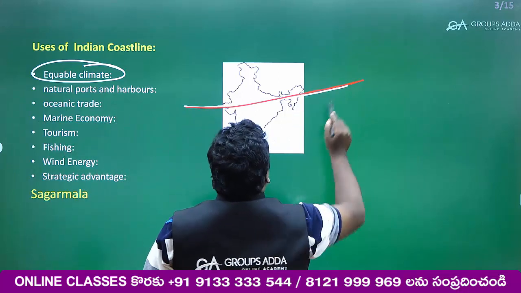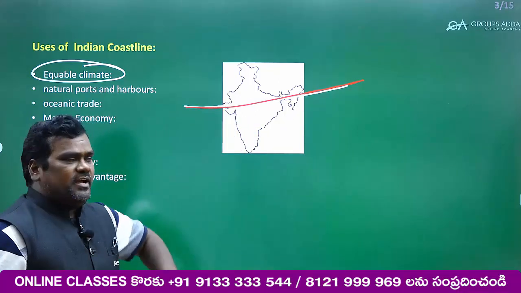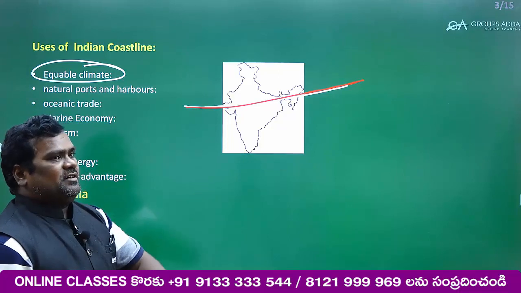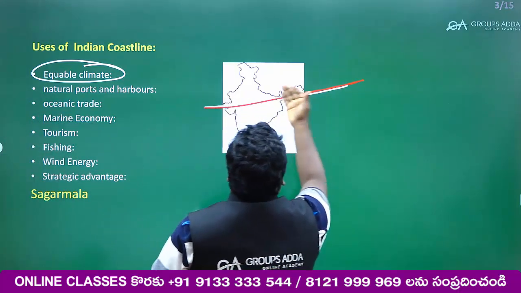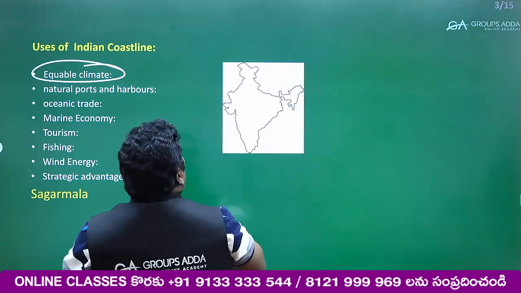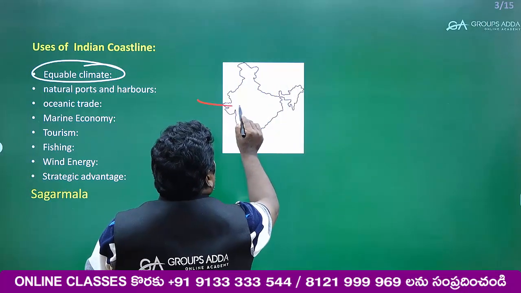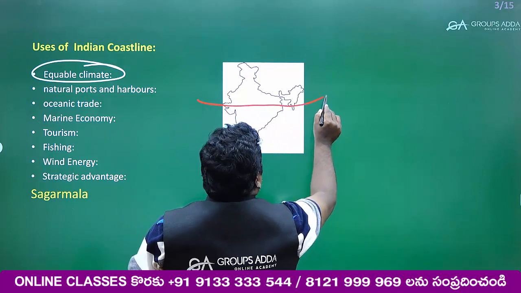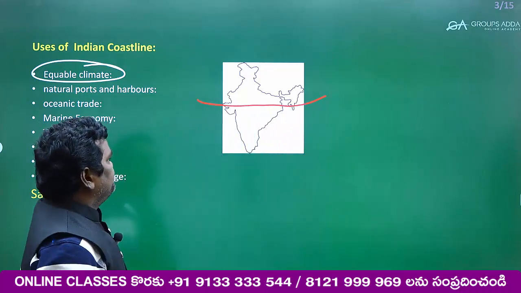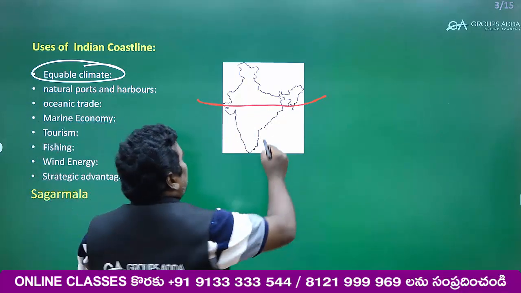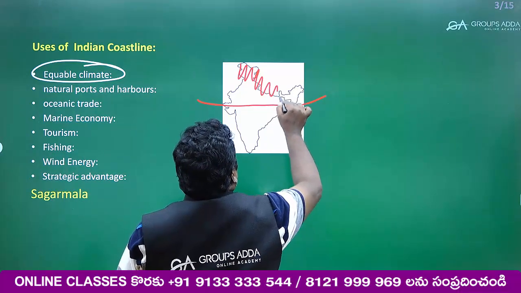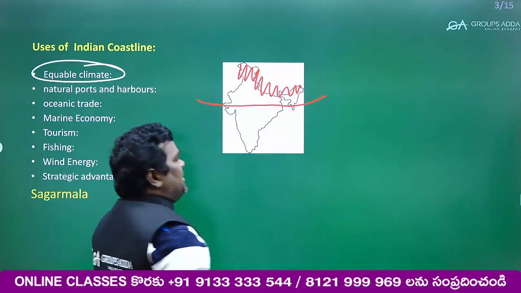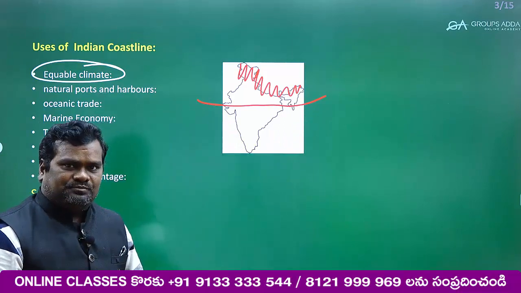See, this is the line. I am drawing the Tropic of Cancer. Of course, the Tropic of Cancer is passing like this. Isn't it? See here, during winters, here the climate will be extreme.